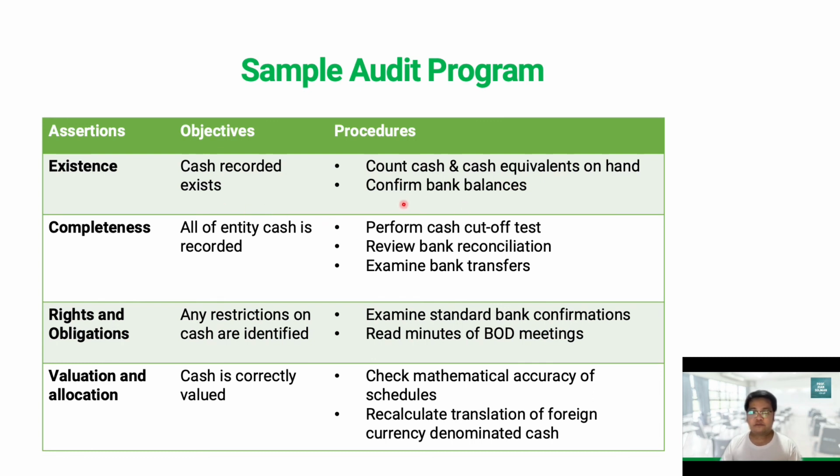Our procedures would be to count the cash of the client on hand and to confirm bank balances. The cash count sheet and the confirmation request would be the audit evidence involved in performing these audit procedures. That will support the assertion of the client that their cash actually exists in their financial statements.